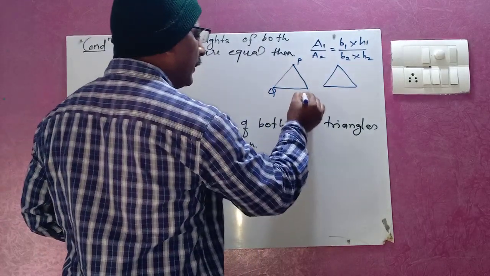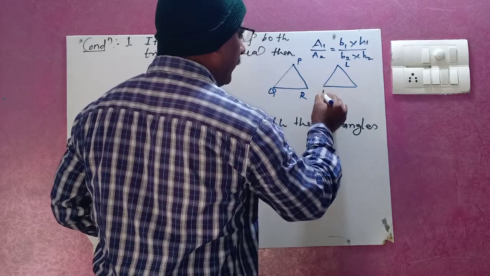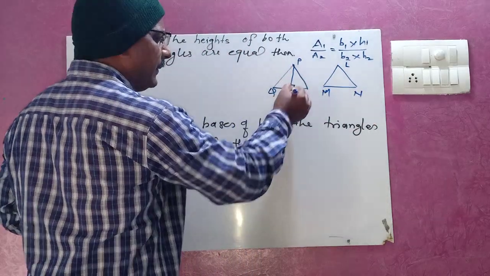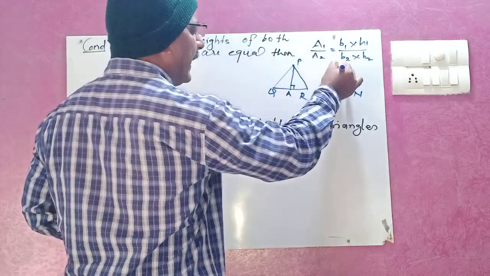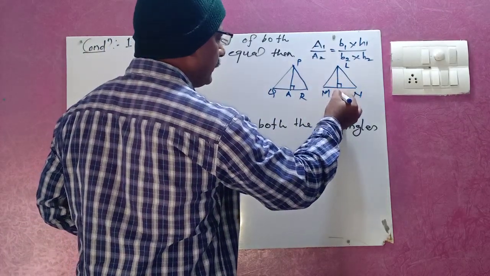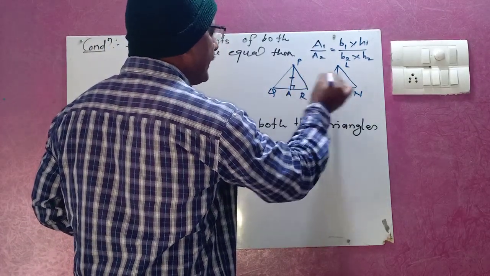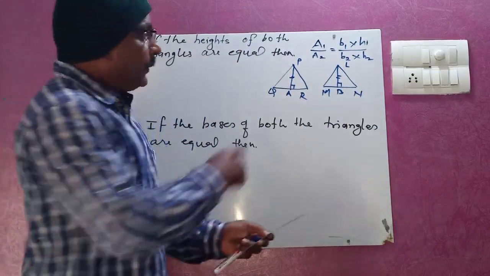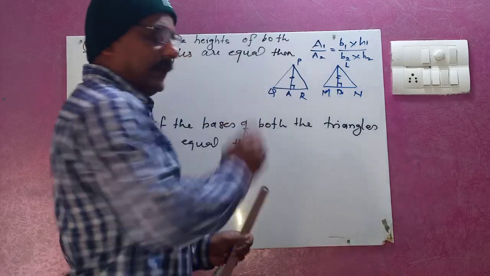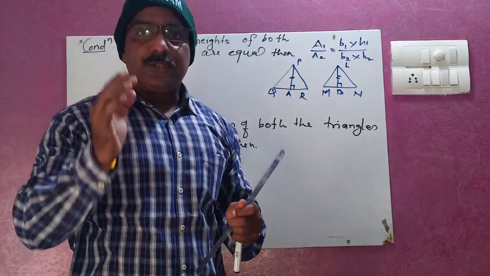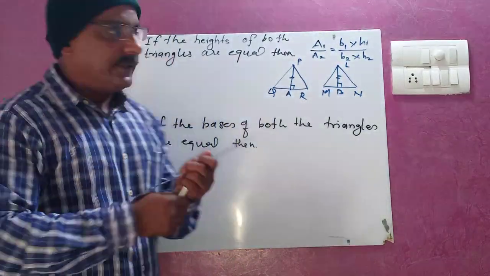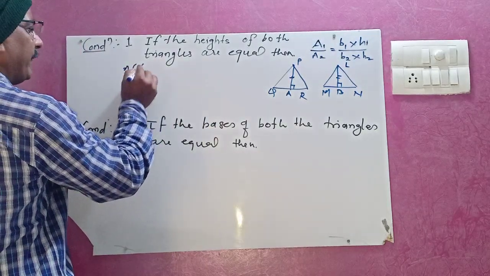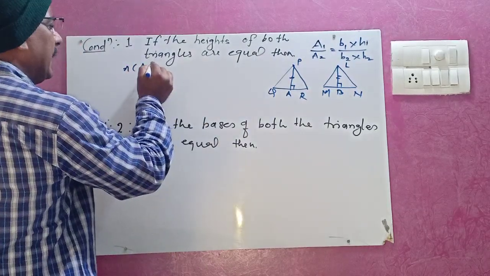These two triangles, PQR and LMN, this height and this height. Suppose the heights of these two triangles are equal. Then what is the ratio of their areas? See, in this case, children, first you should find the area of triangle PQR.